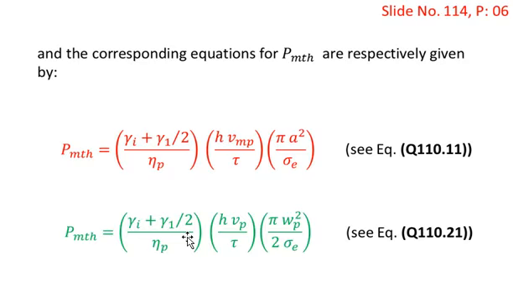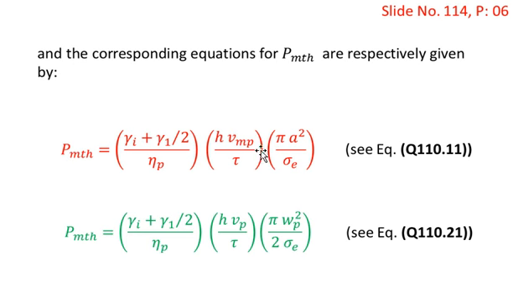And if you are using a Gaussian pumping for a space dependent case of a 4-level laser system, then the minimum threshold power is shown in green, where WP is the beam spot size of the pump beam, sigma E is the stimulated emission cross section, eta P is the pump efficiency, gamma I is the internal losses, gamma 1 by 2 is the coupling loss due to mirror 1, and here MP is the minimum pump frequency required to carry out the population from the ground state to the upper level. Tau is the lifetime of the upper level.